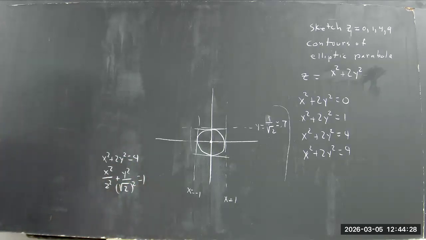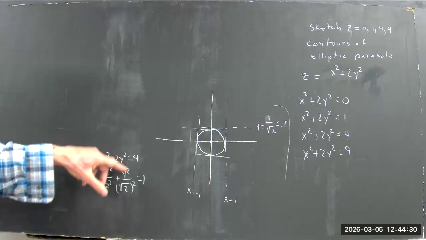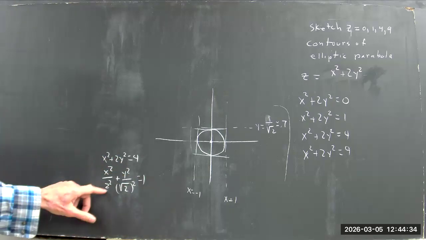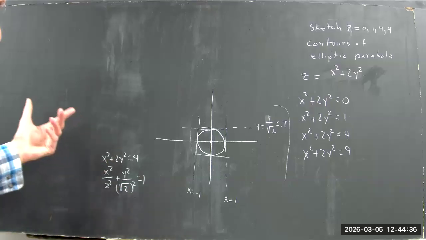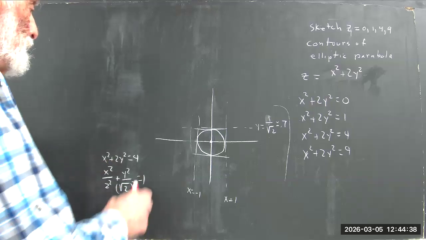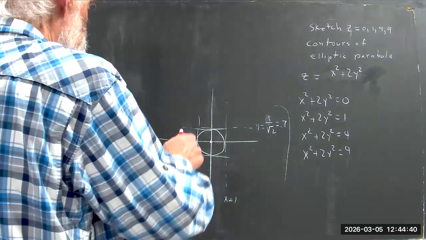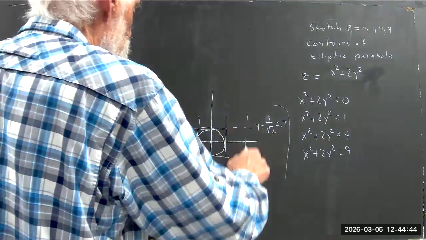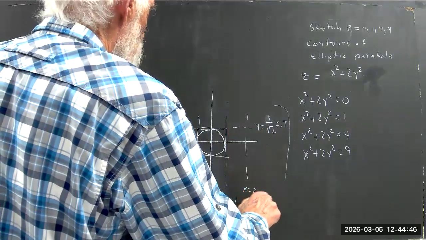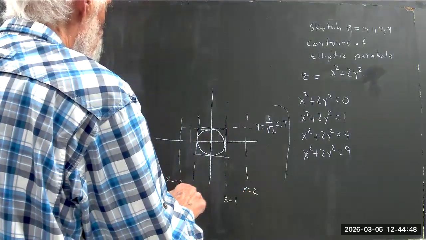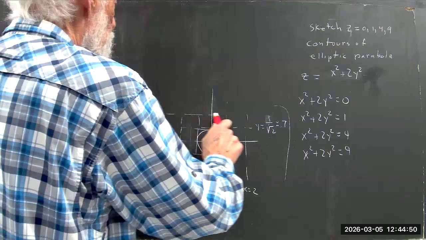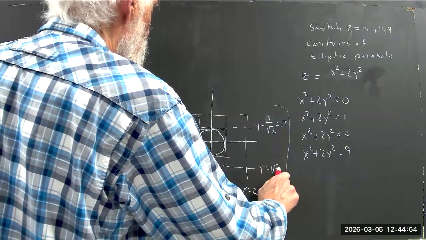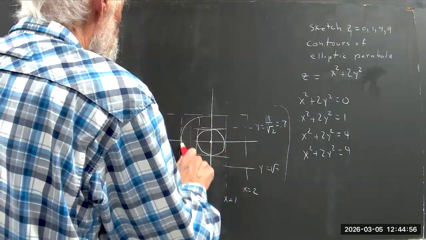You put it in standard form, which is x squared over something squared plus y squared over something squared equals 1. And then the somethings that are squared are your major and minor axes. So your next rectangle would be out here at x equals 2 and x equals -2 and y equals the square root of 2. And you're going to have a bigger ellipse.